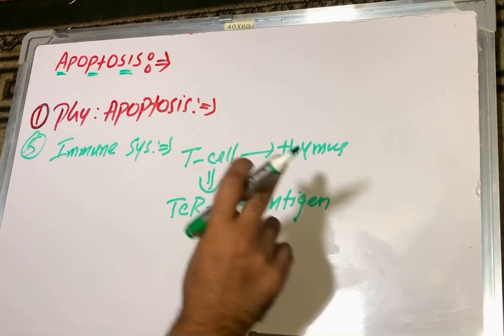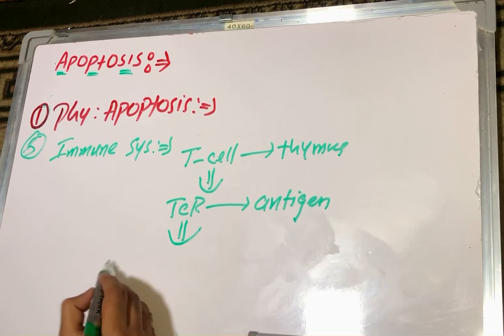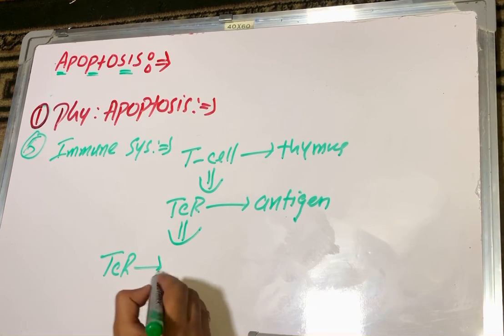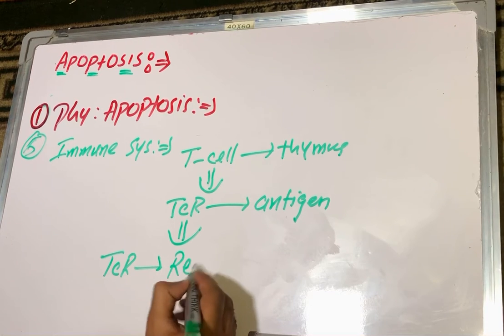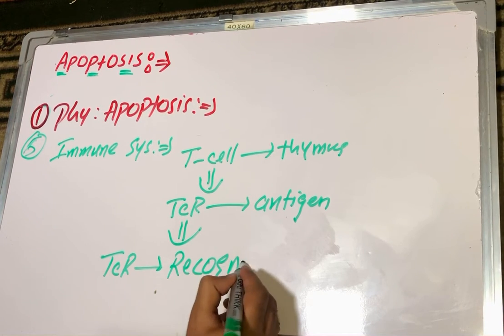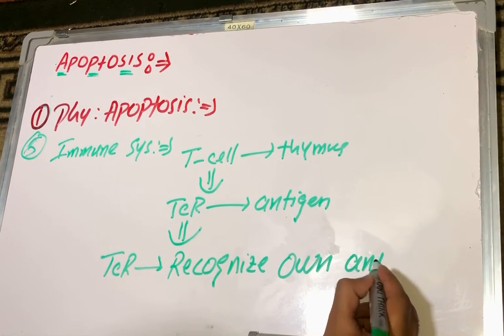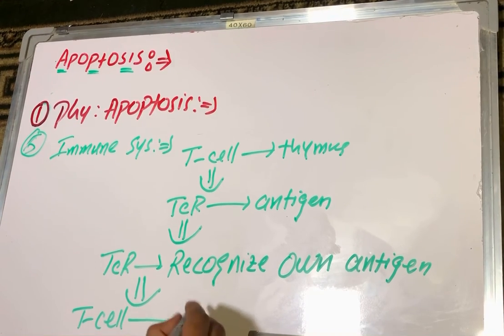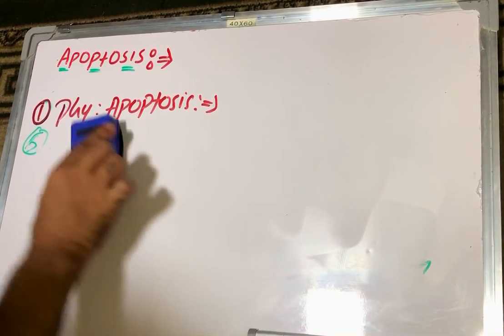But sometimes a T cell makes a receptor that recognizes the body's own antigen. So these T cells undergo apoptosis. So this was the physiological condition in which apoptosis occurs.